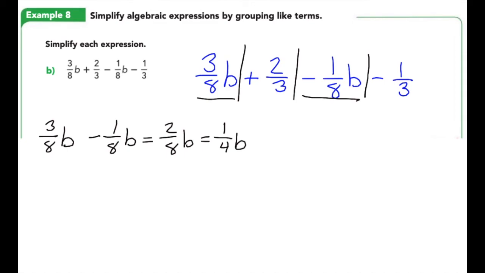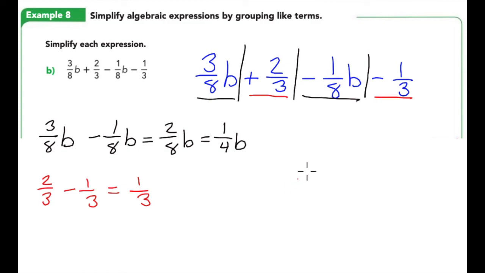Then for the constants, we have a positive 2/3 and a negative 1/3. So that is 2/3 minus 1/3. And that would leave us with 1/3. So for our terms, once we simplify and combine our like terms, we're left with 1/4 b and 1/3.